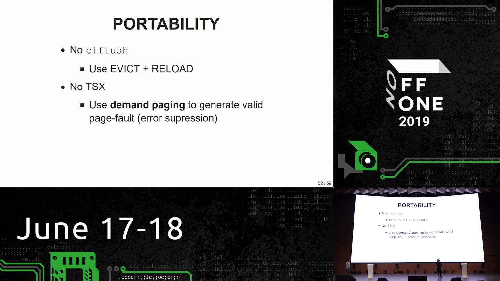We also don't have transactions to suppress the warning when you dereference the null pointer, but as I already said, you can use an address that's not mapped in at this moment. What we can do is use demand paging, which is an operating system feature where pages are actually mapped in when you access them for the first time.